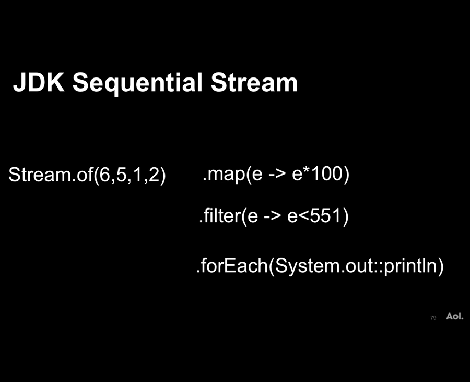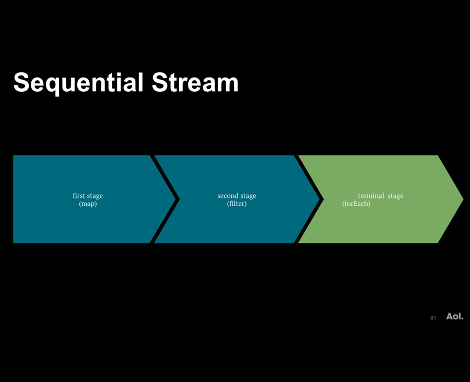We're going to perform a transformation operation defined by the map operator, where we take each element and multiply it by 100. Then we'll filter out those which are over 551 and print out any that survive to the console. One way to visualize that would be as a simple sequential stream with 3 stages. First stage is our map operation, second stage filter, and final stage forEach.